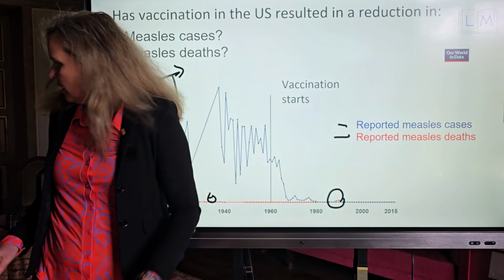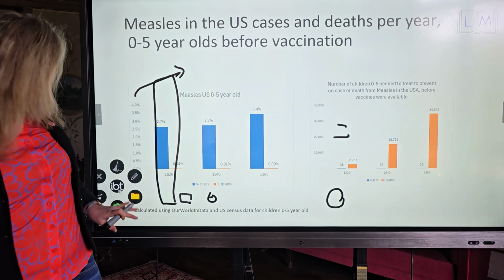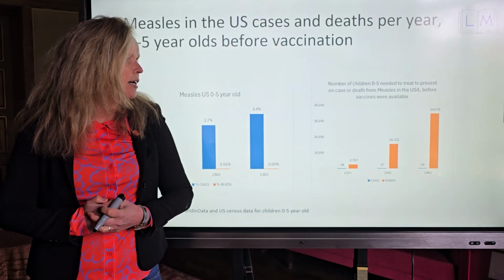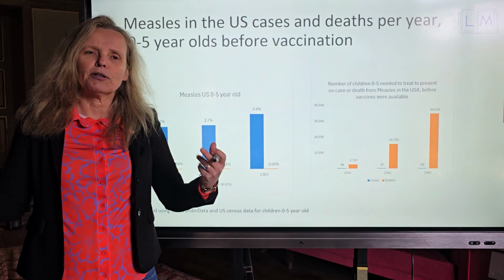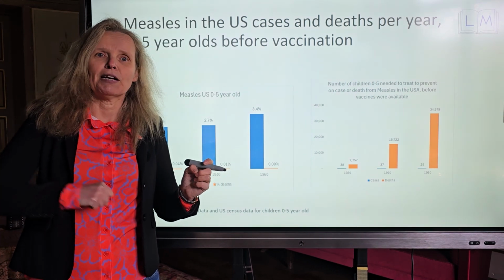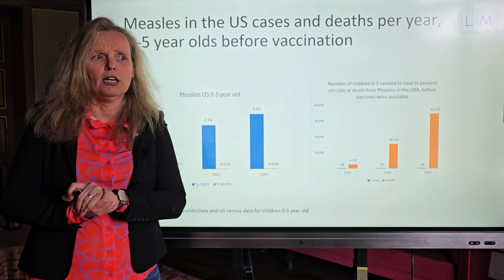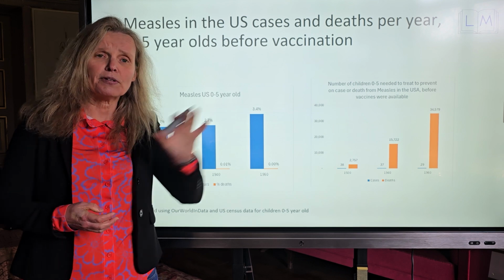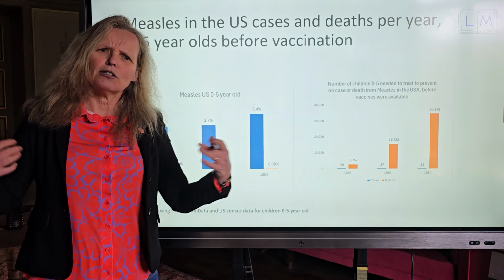If we then go to a last little graph. These are 2 graphs where we know in the US the population has increased. And in addition, measles is only a disease for kids from 0 to 5 years old. So the previous graph was for the whole population in the US. Is that a good measurement?